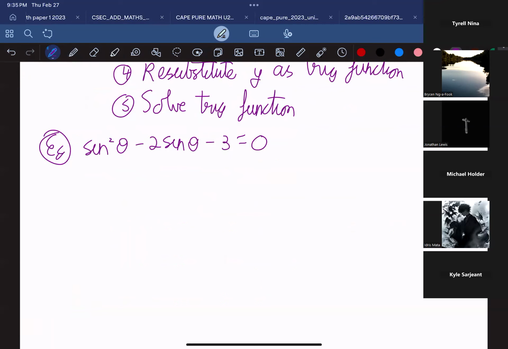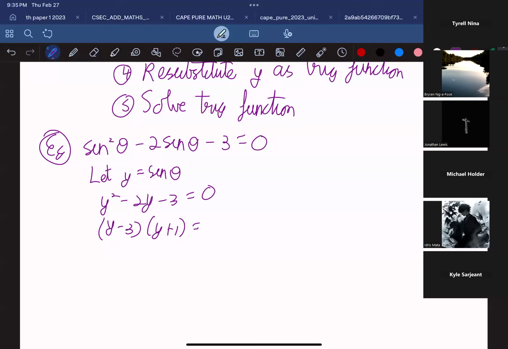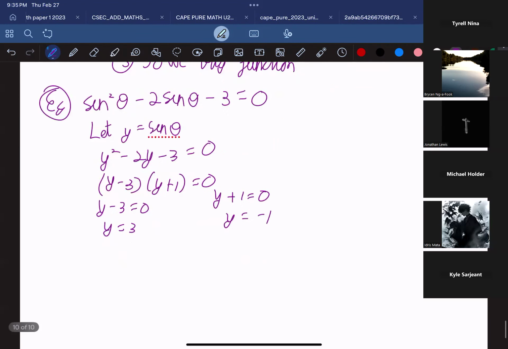So as I said, you let y equal sine theta, so you get y squared minus 2y minus 3 equals 0, which factors as y minus 3 and y plus 1. So y minus 3 is 0, y is 3; y plus 1 equals 0, y is minus 1. Don't forget to resubstitute. Sine theta is 3 or sine theta is minus 1, so we know it can't be the first one.